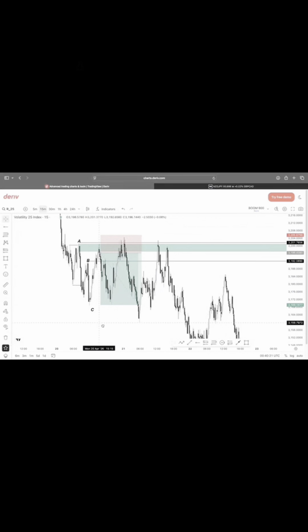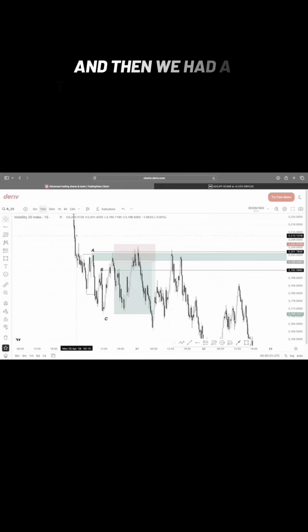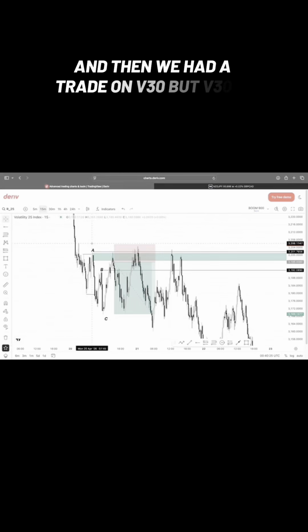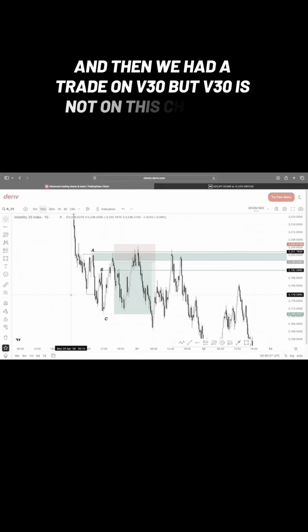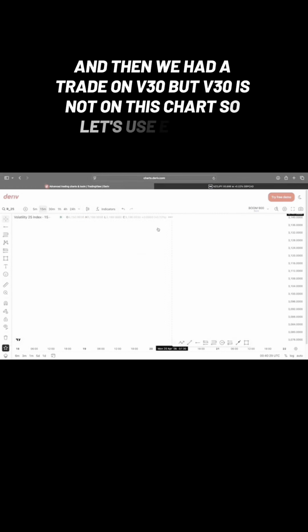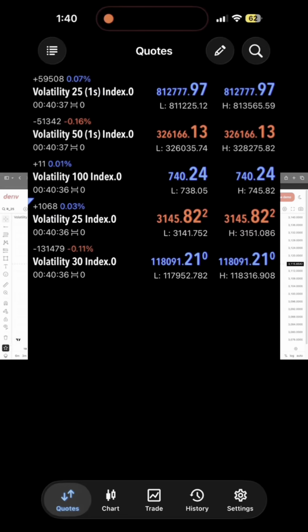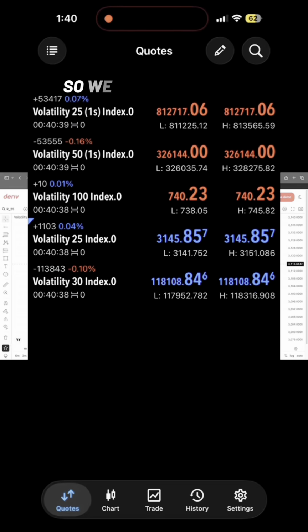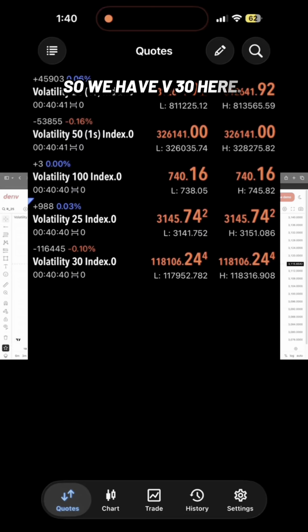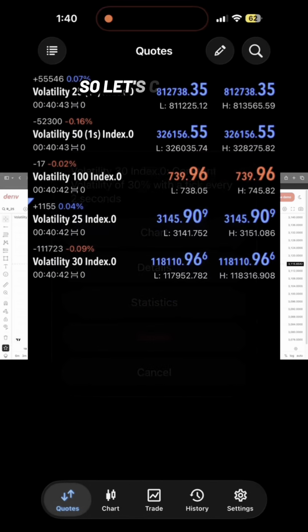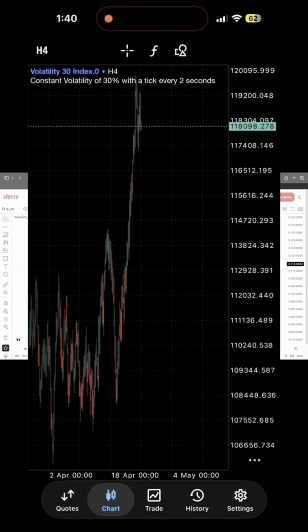Okay, and then we had a trade on V30, but V30 is not on this chart, so let's use MT5. So we have V30 here. Okay, so let's click it, V30.